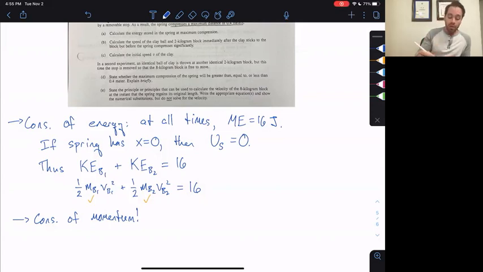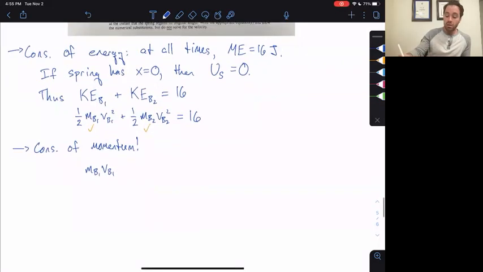But think about the fact that the momentum of B1, right after the ball collides, has to be equal to the momentum present in the system at all subsequent times. And in particular, we're going to look at the time when the spring is no longer deformed.